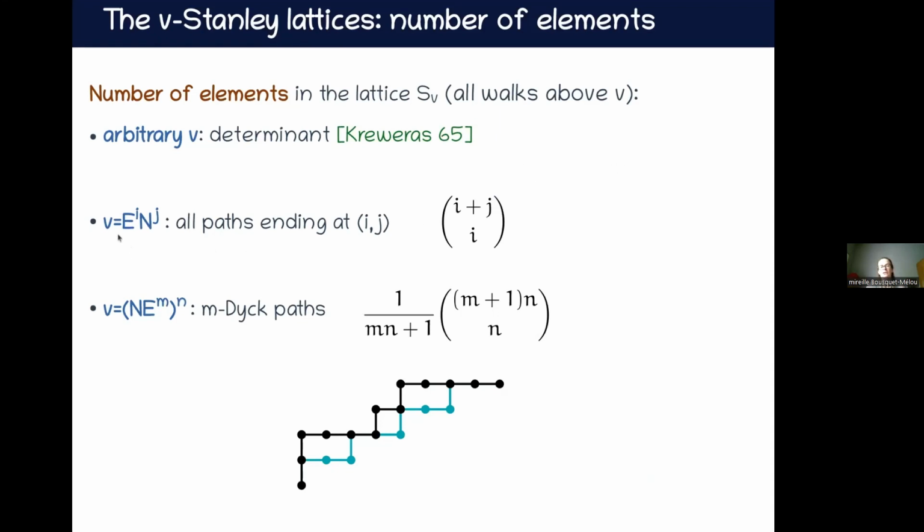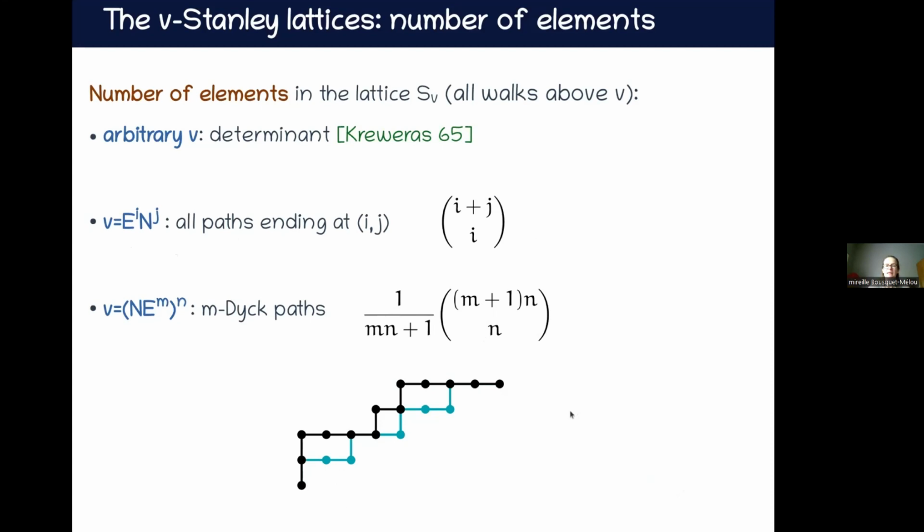When V is just a hook, that is east, north, you're just counting all paths that end at (i,j), this is a binomial coefficient. When you count m-Dyck paths, that is the number of elements in the corresponding posets, you find these Fuss-Catalan numbers.